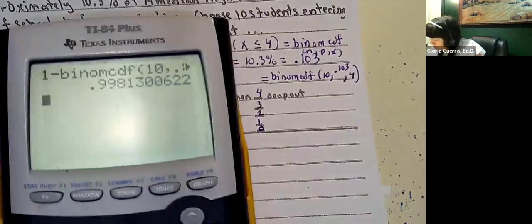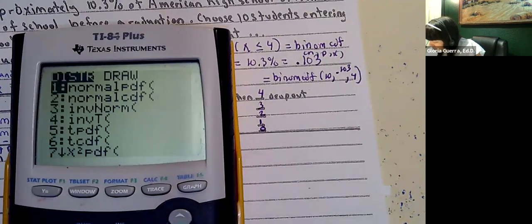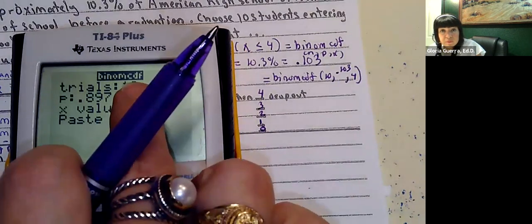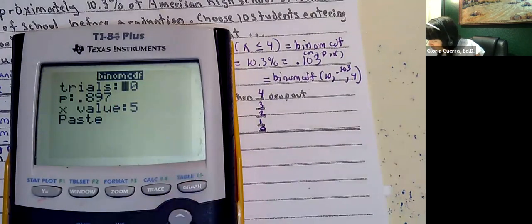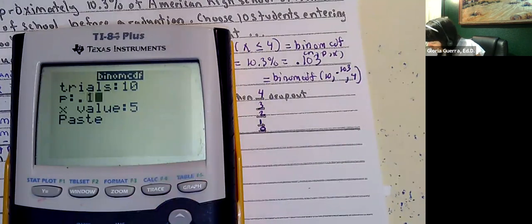So when I do second vars, alpha, and I want to do CDF, which is the apps, see, CDF, and the trials are still 10, but this time the probability is 0.103, and then X, as we said, was 4.